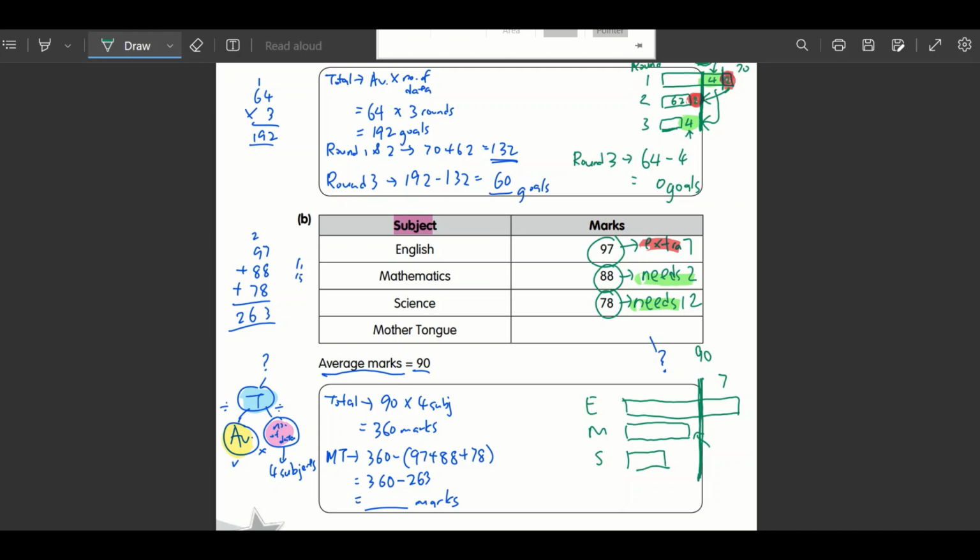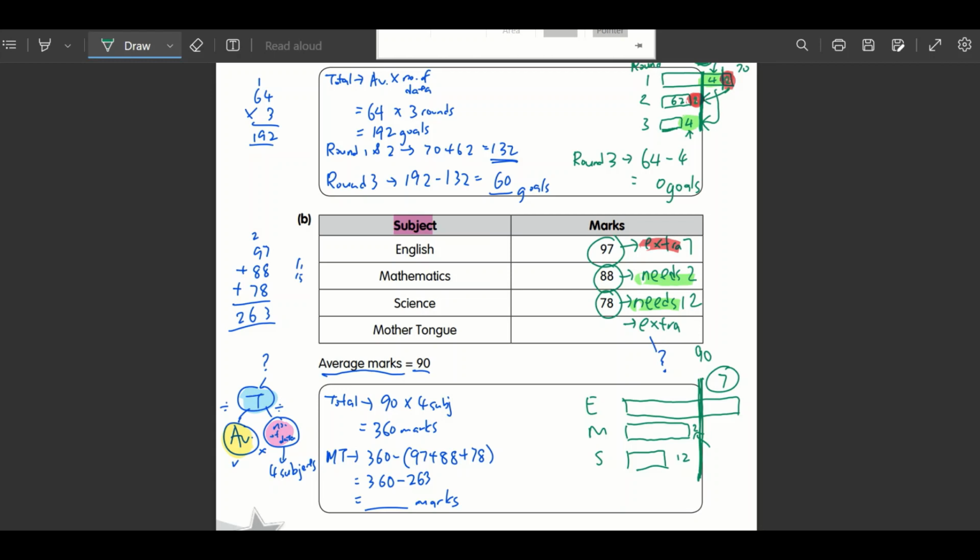Science is short of 12. So in other words, if I look at the extra here, 7 is not enough to fill up that gap here. So it means Mother Tongue here needs to provide extra 2 to balance out the need.